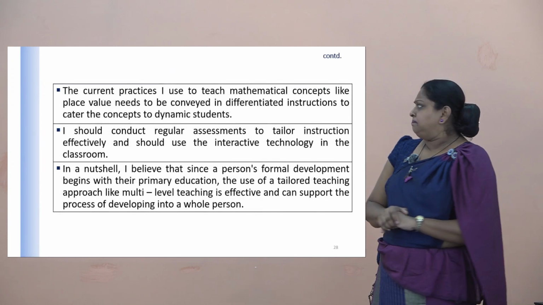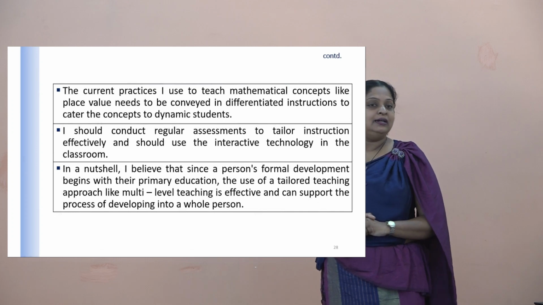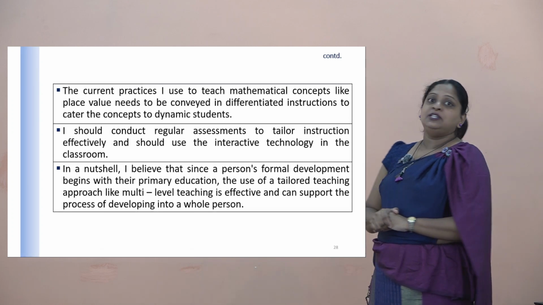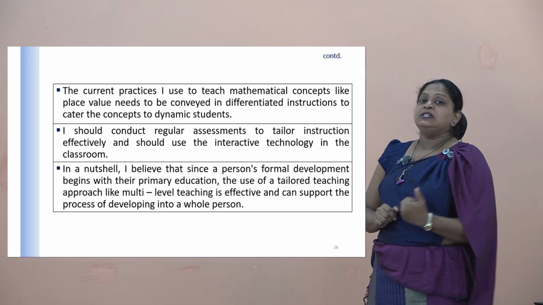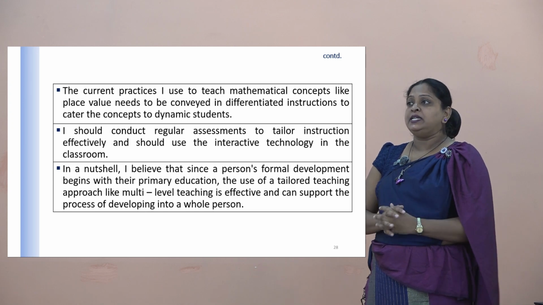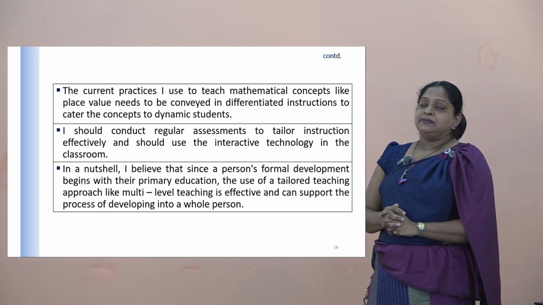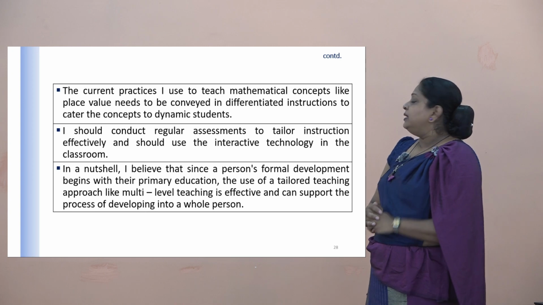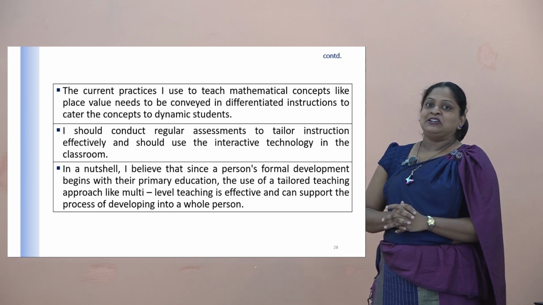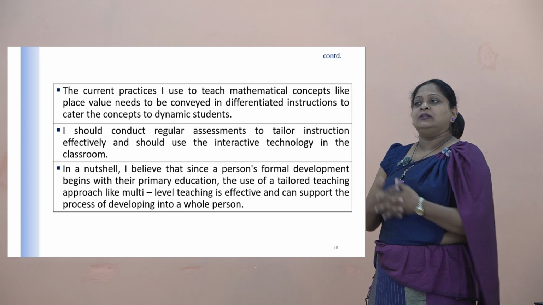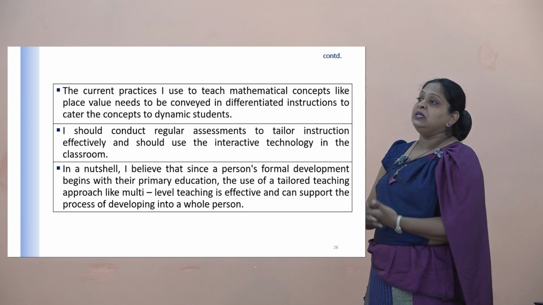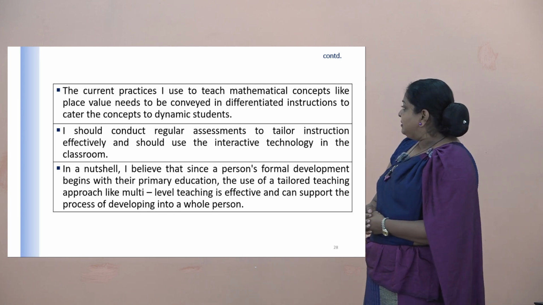Through this research, what I understood was that I should change myself first, especially the current practices that I am using to teach mathematical concepts like place value. Hereafter I will be using differentiated instruction methods, incorporating lots of games, visual aids and so forth to make the lesson more interesting.